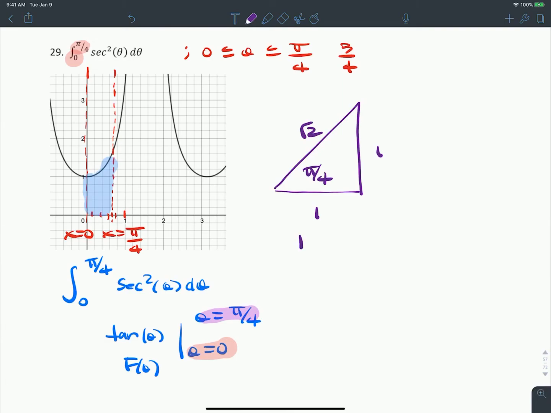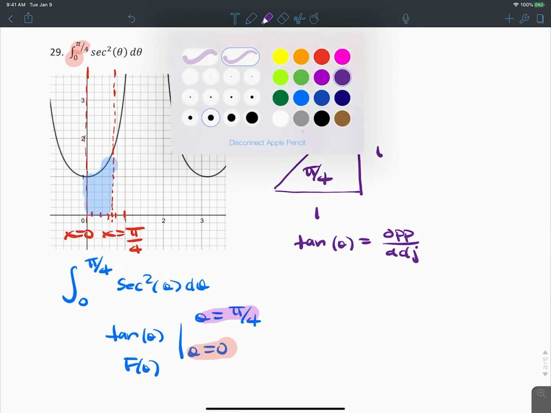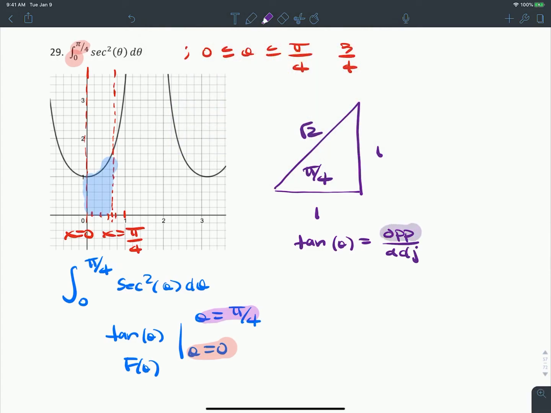So your definition of tangent of any angle is going to be opposite over adjacent. So again, we need the opposite, which is here. We need the adjacent, which is here.